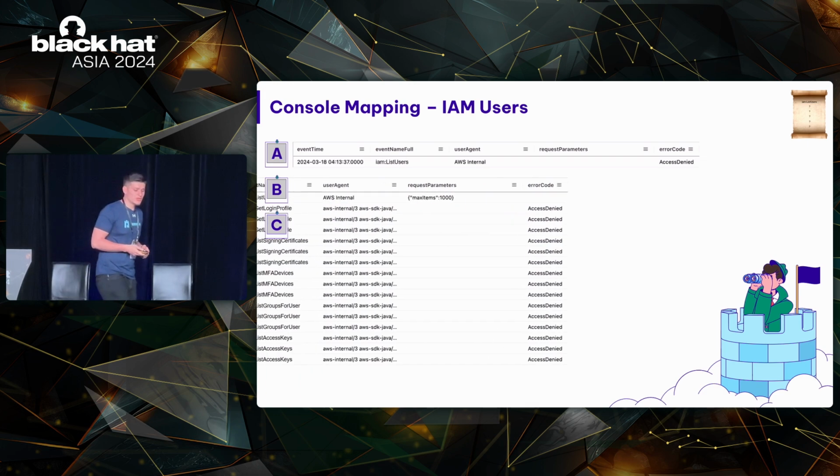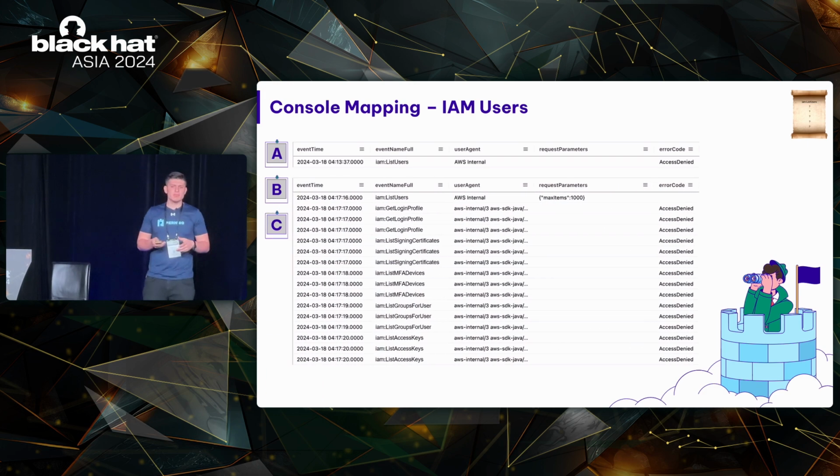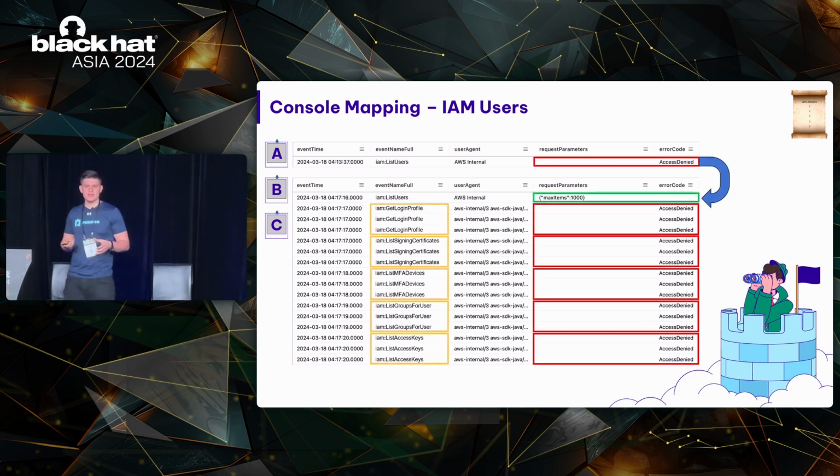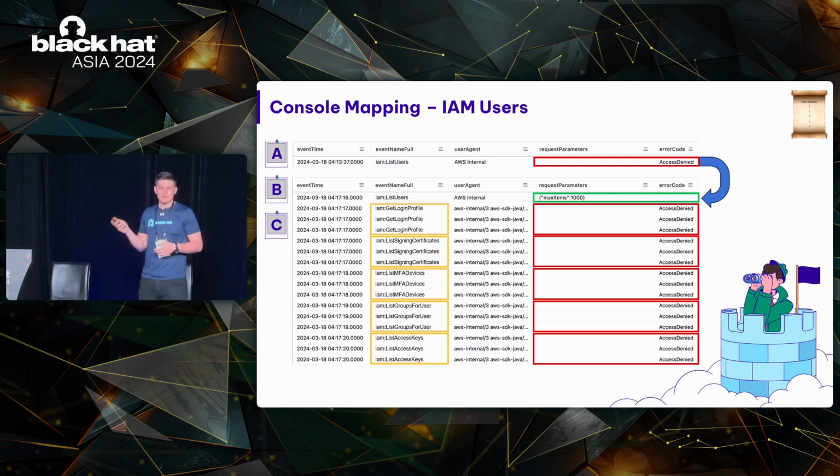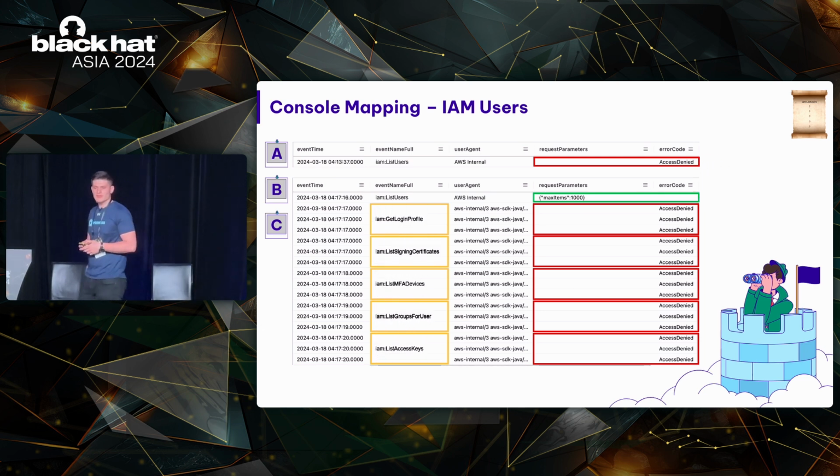If we move down to scenario B, we obviously see more events generated. And the difference between these two scenarios is that in scenario B, the IAM list user event was successful indeed, and we see five other groupings of events which occurred but were denied due to lack of permissions again.